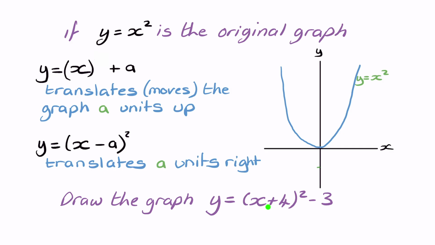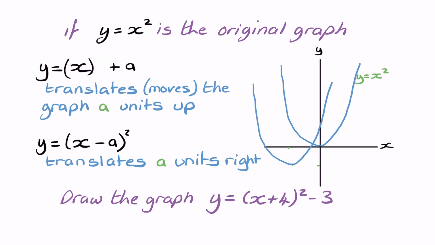And then because we have a positive 4 inside, that means we're going to move 4 in the negative x direction. So that would be roughly here. So our new turning point would be about here. And that moves the whole graph to about there. And so this graph now has the equation of (x + 4) squared minus 3.